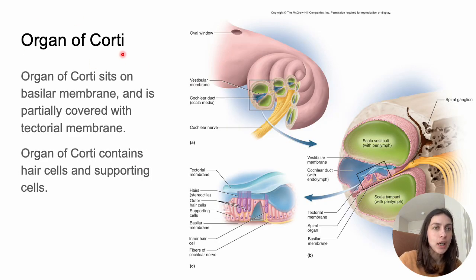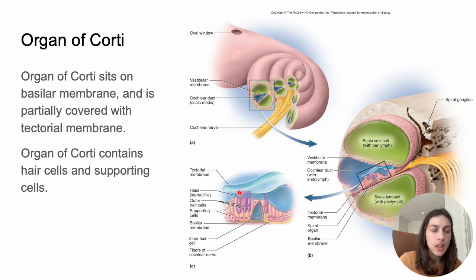The organ of Corti, which is also called the spiral organ, sits on the basilar membrane of the scala media, or the cochlear duct. And this organ, sitting on the basilar membrane, is also partially covered by this gooey membrane called the tectorial membrane.